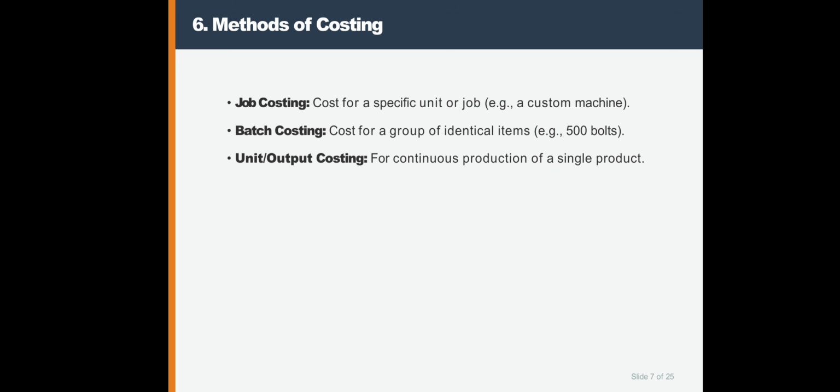Coming to the next method of costing, departmental costing. This method is adopted in determining the cost of output of each department separately for the manufacture of standardized products.